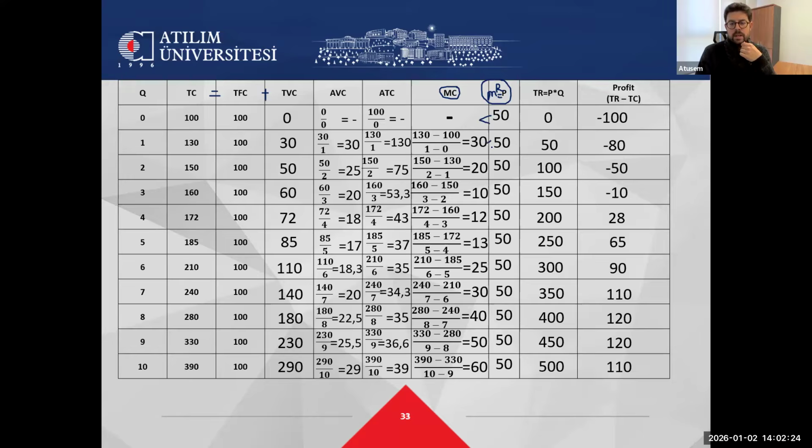Greater, greater, greater, greater, greater. When marginal revenue is greater than marginal cost, we cannot say that there is positive profit, as you see. But we can cover some costs, so we can continue to produce.